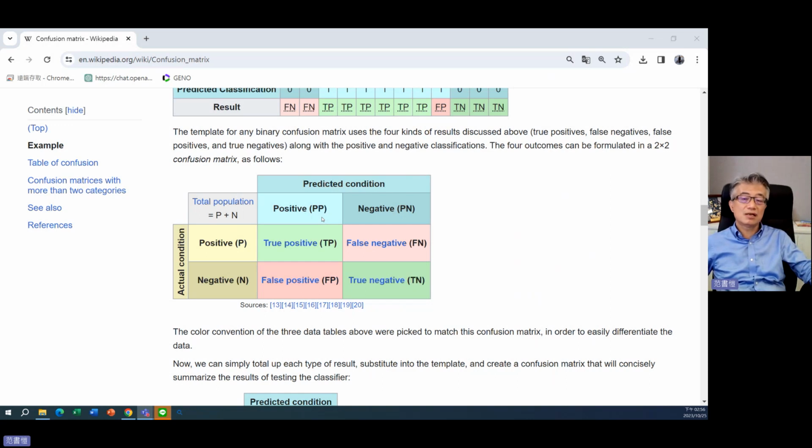However, it is not necessary to have only 2 classes. It could be 3 classes or 4 classes. So the template for any binary confusion matrix uses the kinds of results discussed above: the true positive, false negative, false positive, and true negative, along with the positive and negative classification.